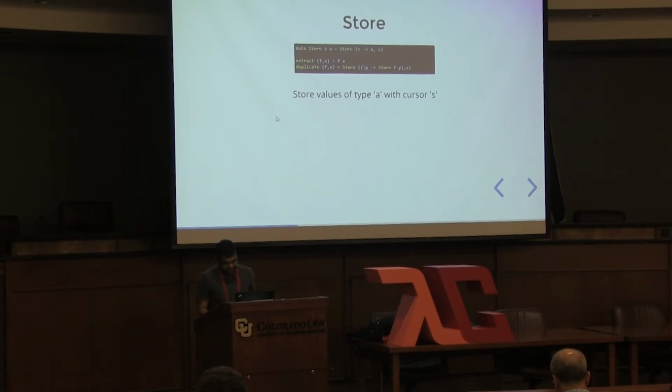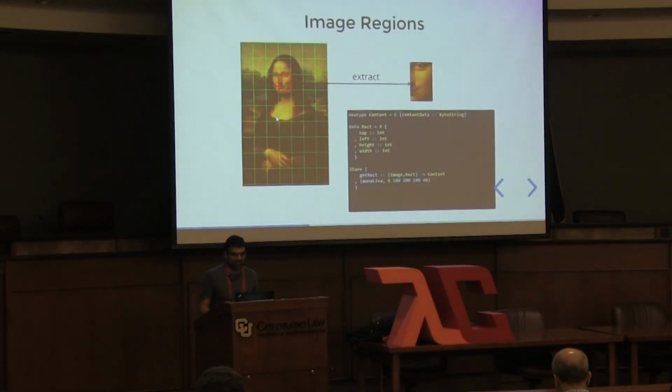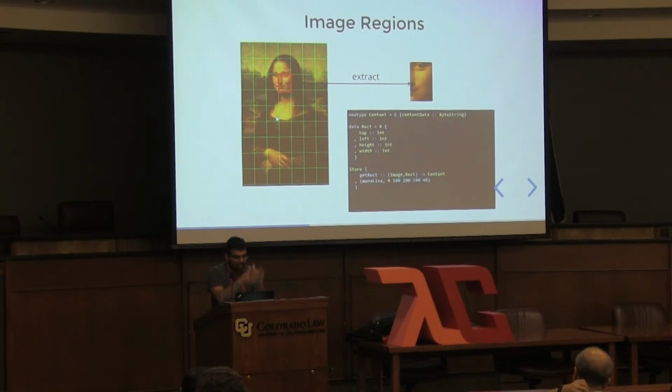To explain this, I think the image is a lot better. Suppose we have an image of the Mona Lisa. We can put a grid on it, and our store has keys, the different rectangles, and values, the image regions. Then we have the cursor, so the entire store is represented by this full image, and the cursor is placed at a specific rectangle.